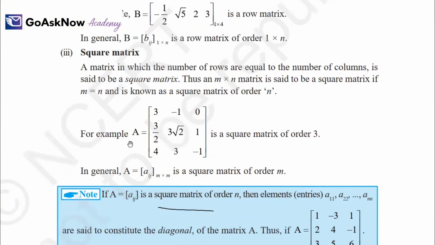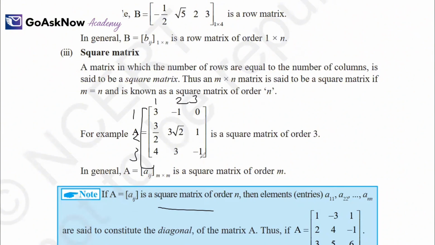So here is an example. A matrix is represented as 3 cross 3. It has the order of 3 cross 3. See here, you have three rows: 1, 2, 3, and three columns also: 1, 2, 3.